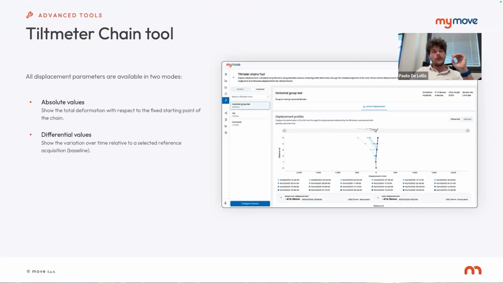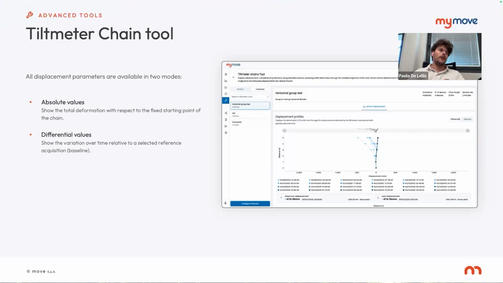I think it is important to highlight that with the tool, we give the customer the possibility to zero the tool directly in the tool and not in the sensor setting. So you can perform the zeroing of the sensor independently of the zero of the tool.